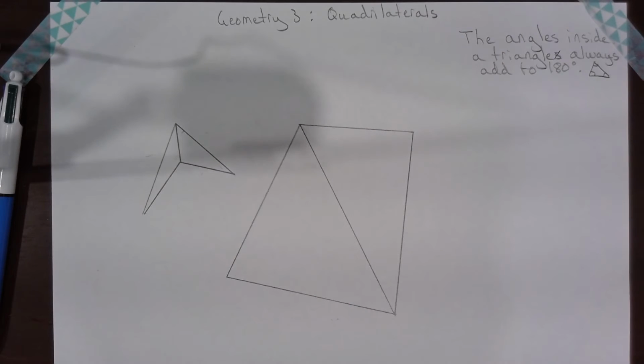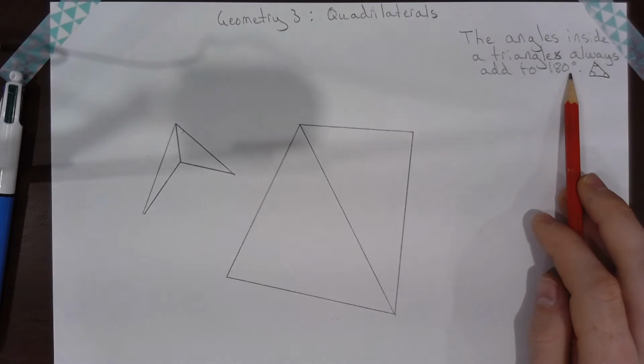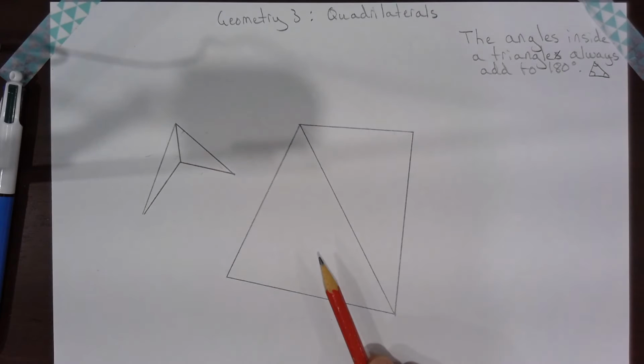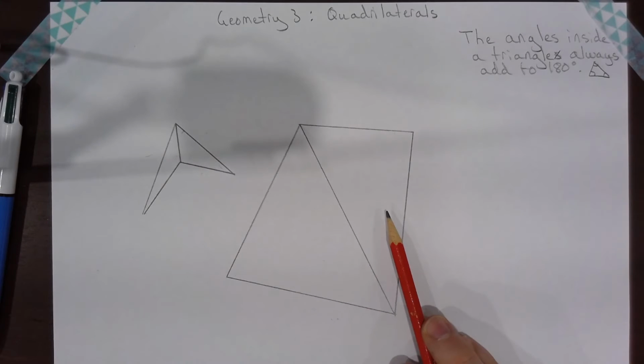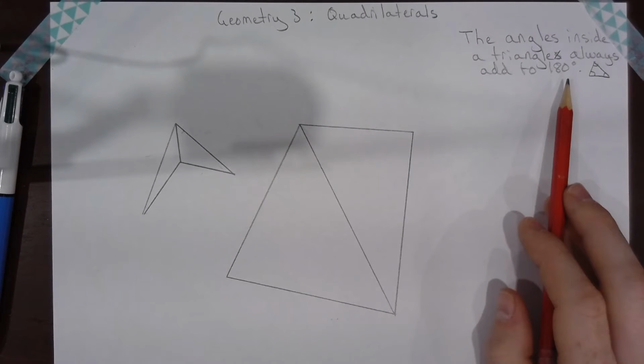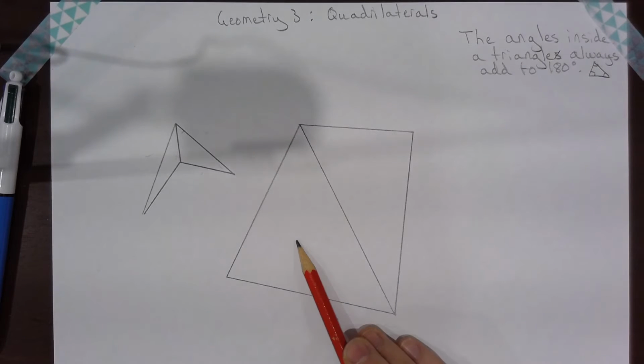If we know that a triangle's angles always add up to 180, and in a quadrilateral we know we have 2 triangles, then the angles inside a quadrilateral must be 2 times that of a triangle.